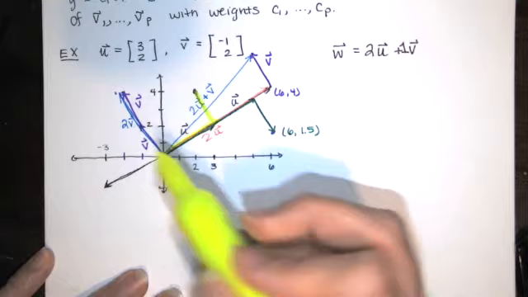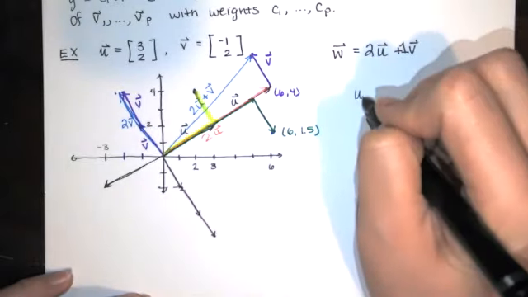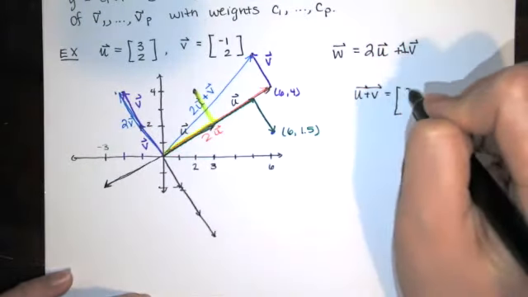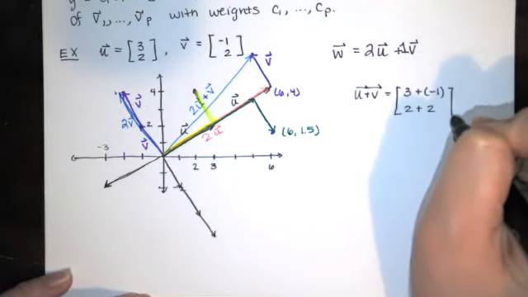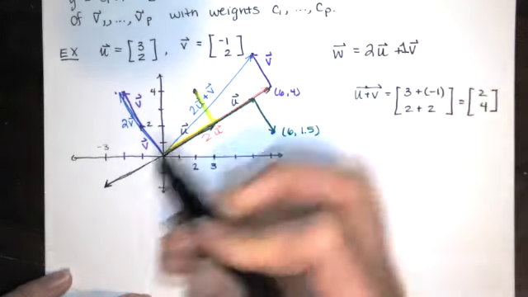What is u plus v? Yes, actually that is u plus v. U plus v comes from adding component by component. So I end up at x equals 2, y equals 4.